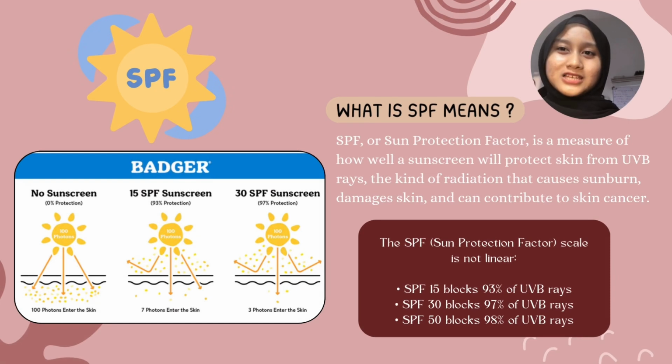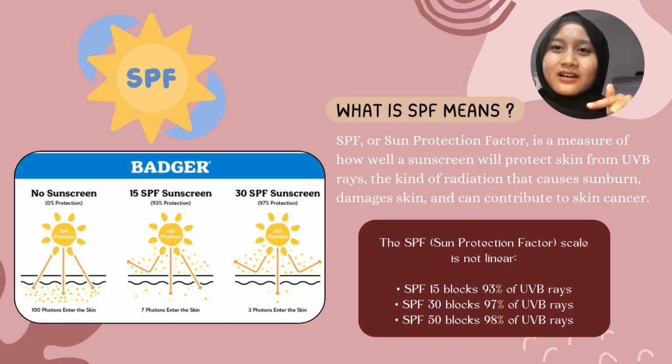Now, let's talk about SPF, also known as sun protection factor. This number tells us how well a sunscreen protects our skin from UVB rays, which are the rays that cause sunburn and contribute to skin cancer.